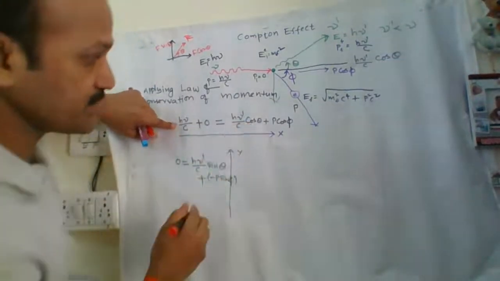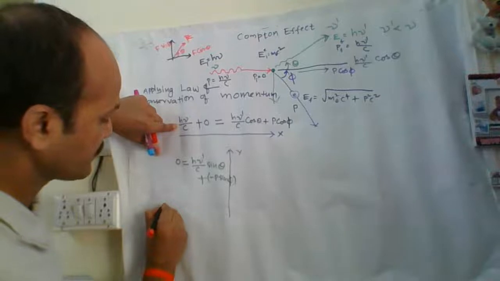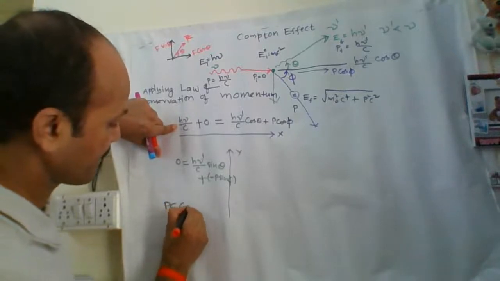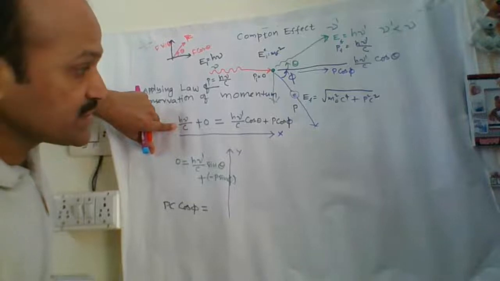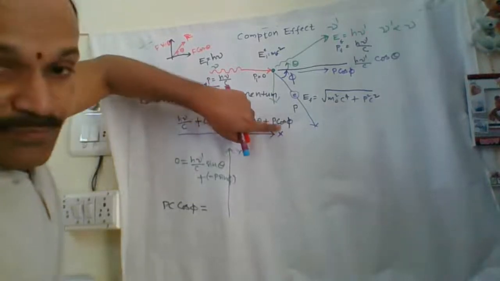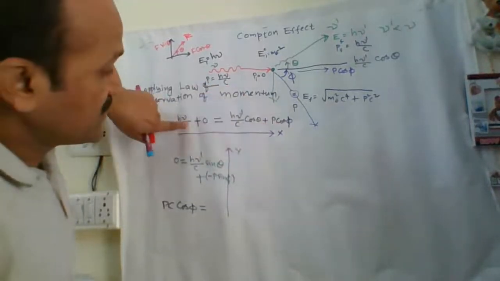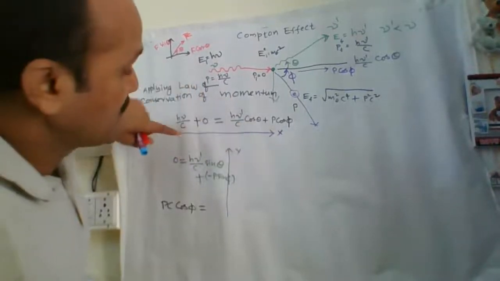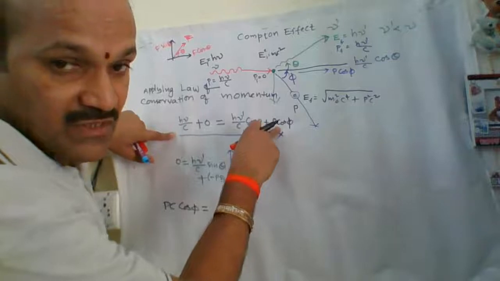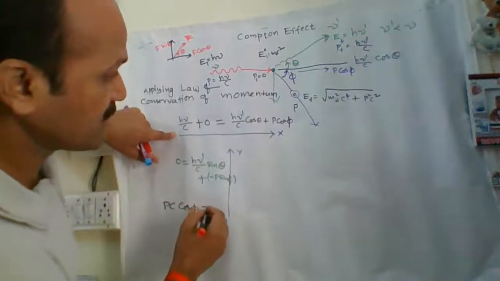So we'll use these two equations. From this equation, I'm writing p cos phi, multiplying both sides by c. You can cancel c on both sides.